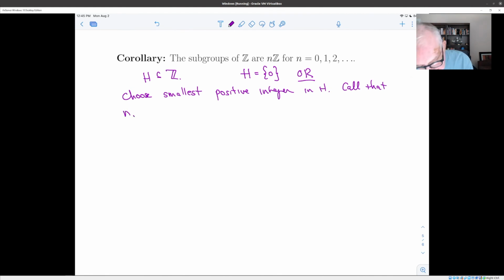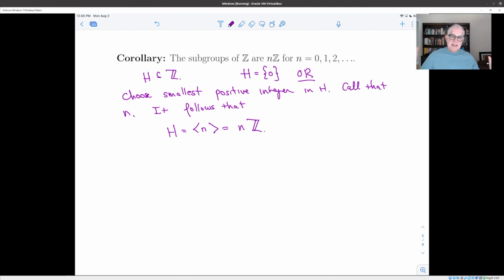And then it must be the case that H just consists of the multiples of n.